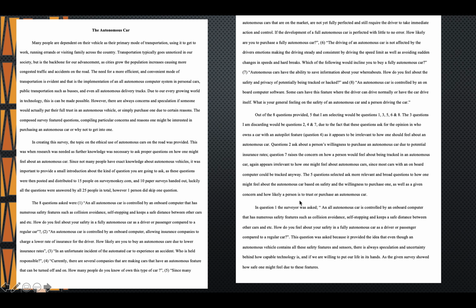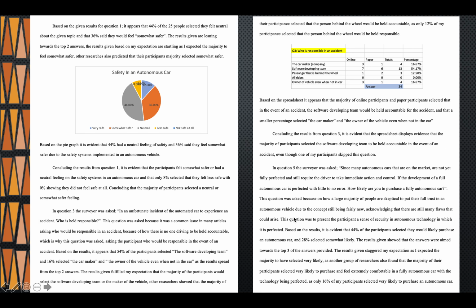As you can see here, question 1, this was the introduction, the body paragraph, and the conclusion, describing the results given, as well as describing another research done. And then over here, question 3, the introduction and the body paragraph.